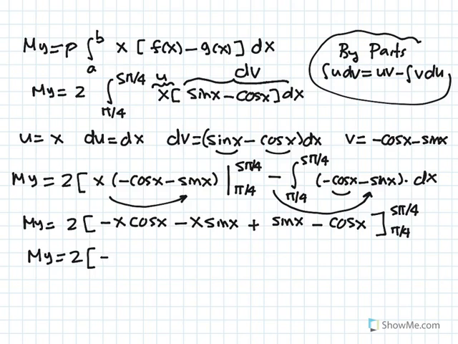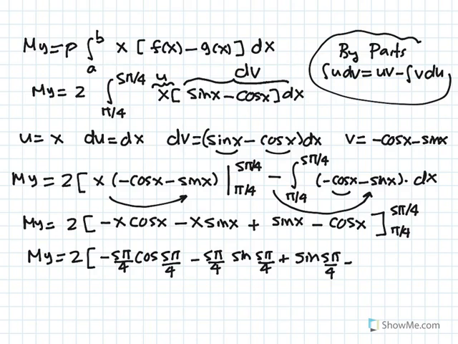Putting the upper limit in, we get minus 5 pi over 4 cosine of 5 pi over 4 minus 5 pi over 4 sine of 5 pi over 4 plus sine of pi over 4, plus sine of 5 pi over 4 minus cosine of 5 pi over 4.